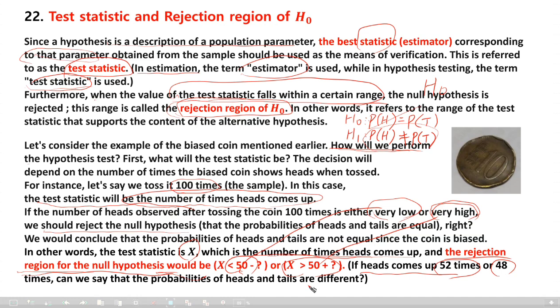No, because if you toss a fair coin, a normal coin, 100 times, the number of heads can be 52 or 48, not exactly 50. So there is just some buffer range. So we would like to get this value. That is the rejection region of H0.